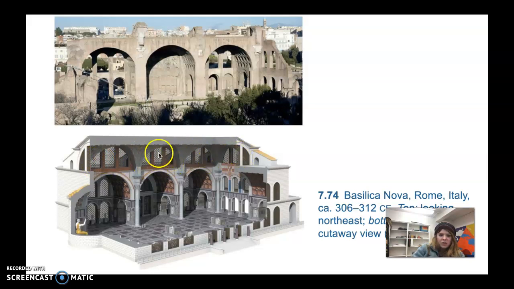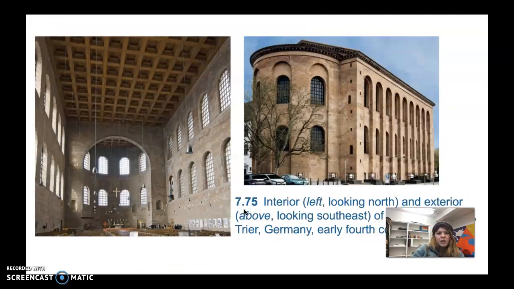I think it just means possibly fenced in or something, these groin vaults. And that would let the light in. And that is replacing the clerestory that originated in Egypt. Okay, we'll move on. And you can see the interior, what it might have looked like with the marble. So it's interesting to look at.